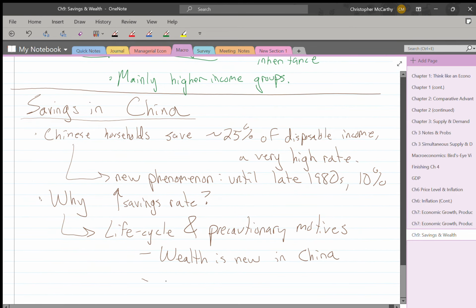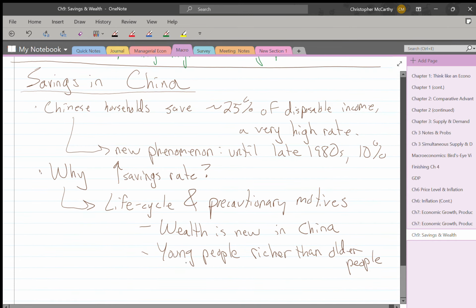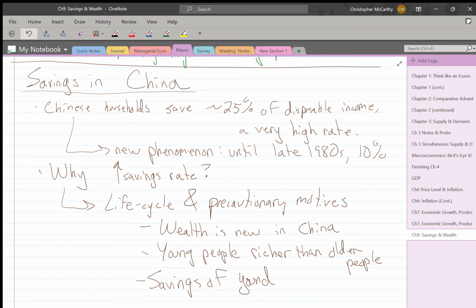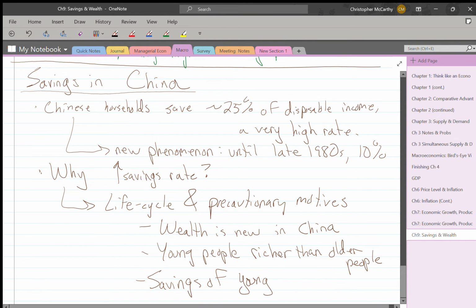There are a lot of younger people that are richer than older people. And the savings of the young outweigh the dis-savings of the old, the elderly.